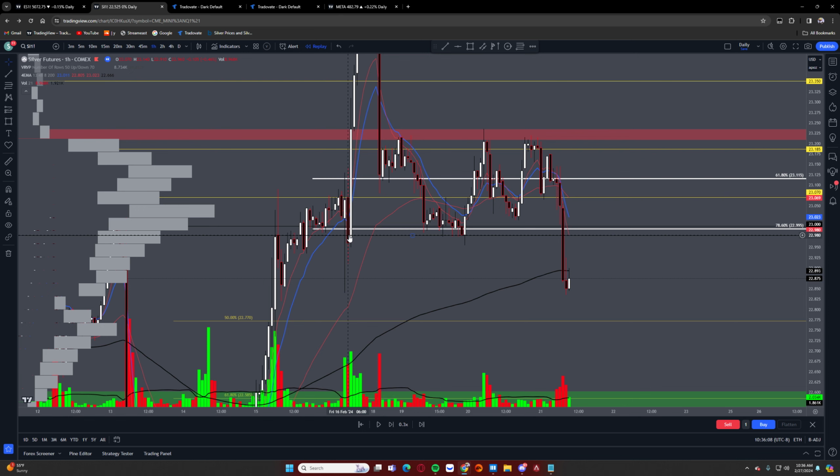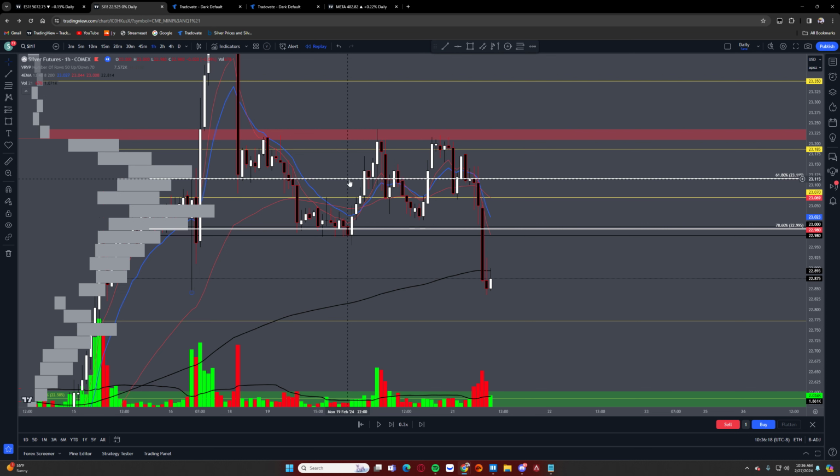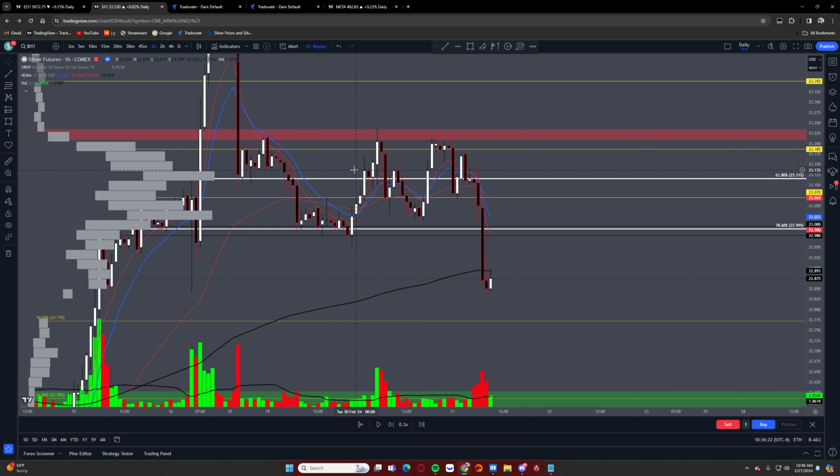Now you could either take this trade from one Fibonacci to the other. You could have taken it from 2300 to 23115, which is your 61% as a take profit. But like I said, it's just a continuation trend, so I rode through that. Obviously I did watch it and had it in mind when I was doing this trade, because we could have rejected off of it or the trend could continue, which is exactly what it did.